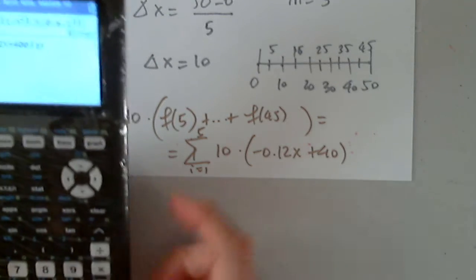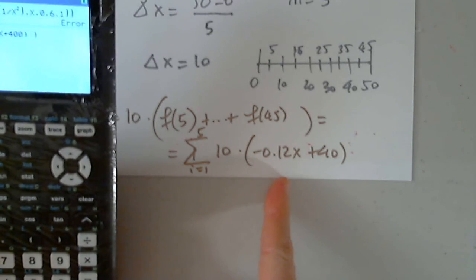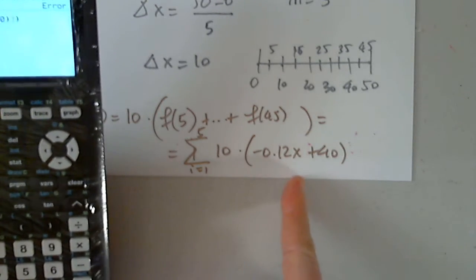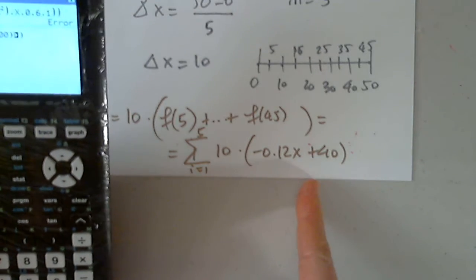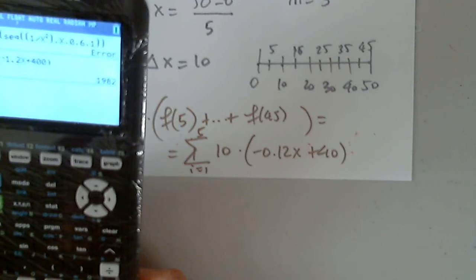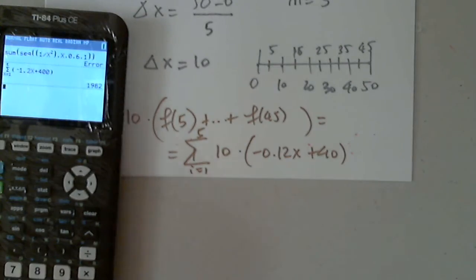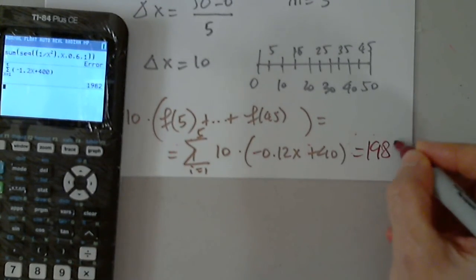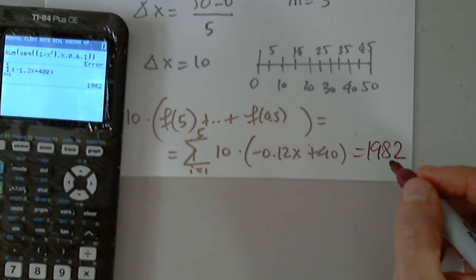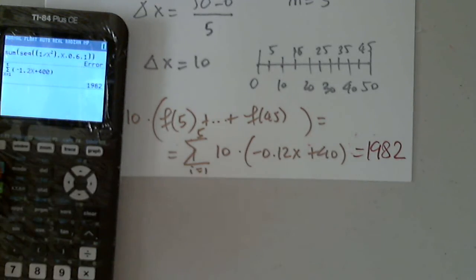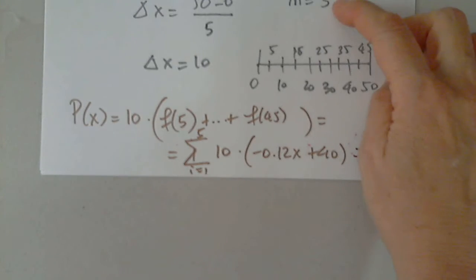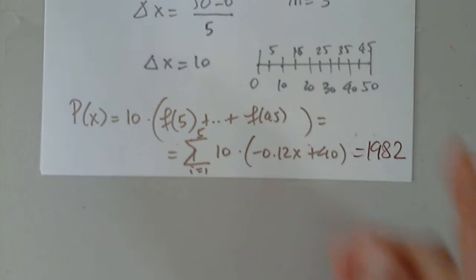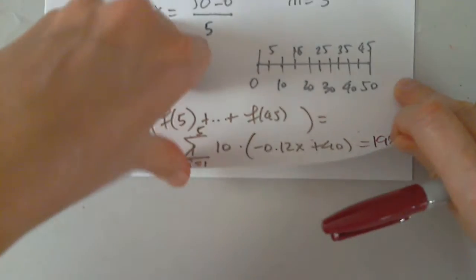So delta x times f of xi: negative 1.2 times x plus 400. 1982. So that is the profit using five subintervals and the midpoint. This is not exact. And now finally, let's determine the exact.